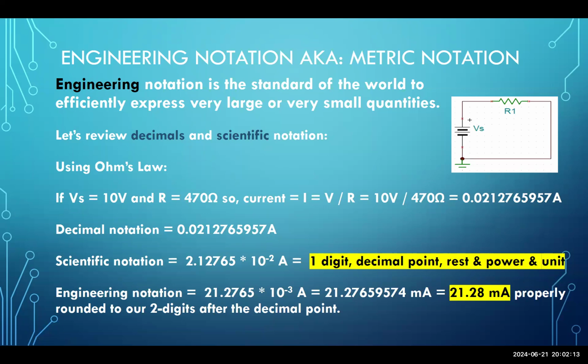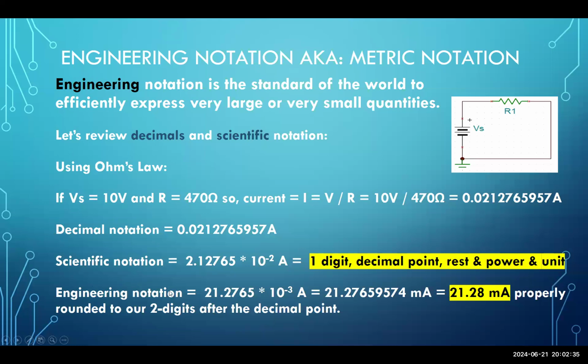Now, if you set this to scientific notation, it is given as one digit, one decimal point, and then the rest of the value followed by some power of 10. In this case, it works out to be this scientific value, amps.